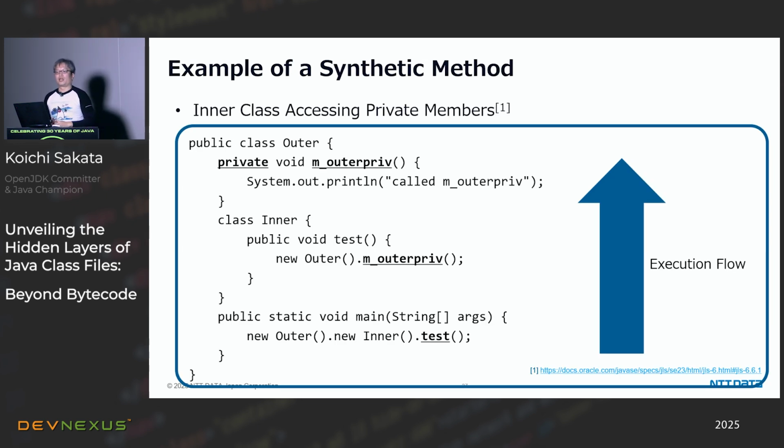An example of a synthetic method is when an inner class accesses private members of the outer class. For instance, if the outer class has a private method, such as mOuterPriv, it can be called from within a method in the inner class. This is possible because the inner class is a member of the outer class.